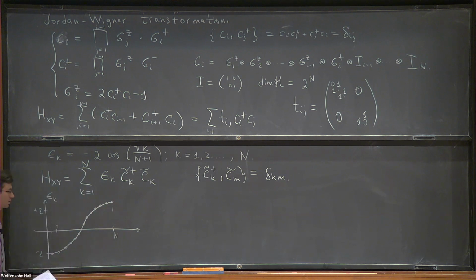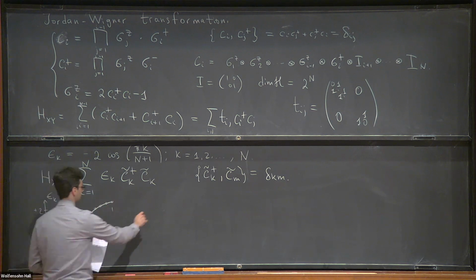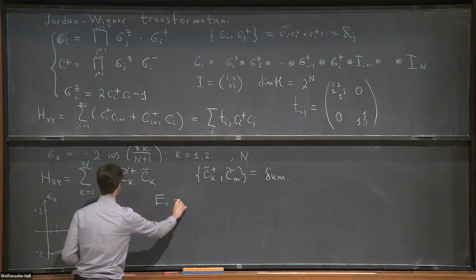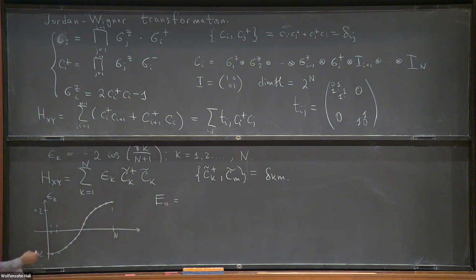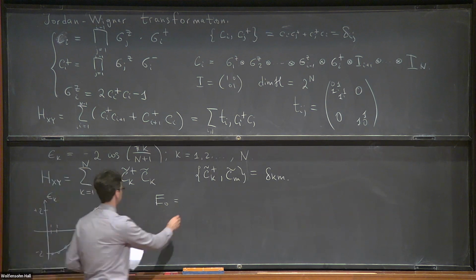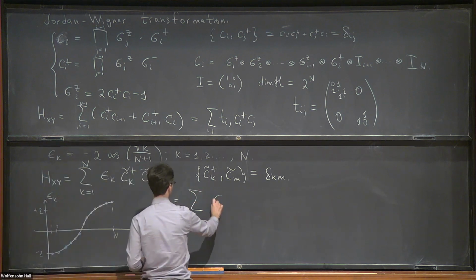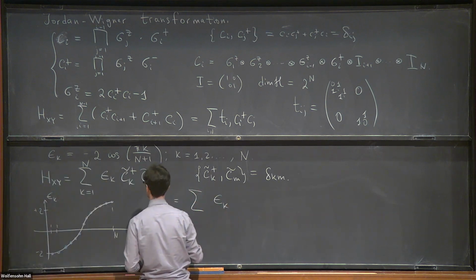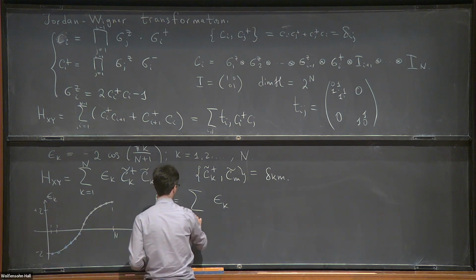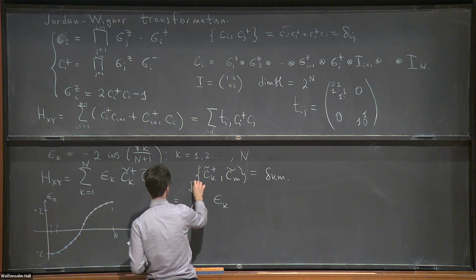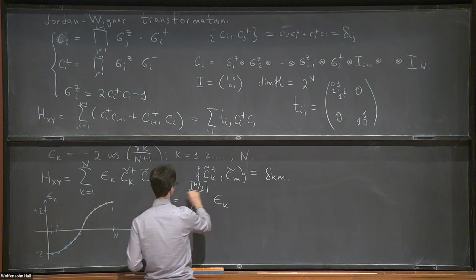The ground energy for the XY Hamiltonian corresponds to filling all the lowest energy states. So I have to fill all these states which have negative energy. Then the answer for the ground energy will be the sum over epsilon_k from 1 to, say, floor of n over 2.